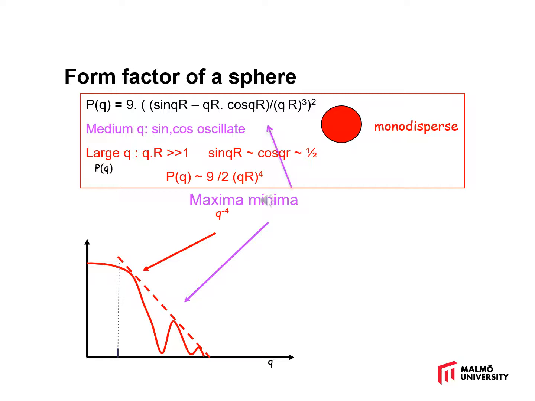But the dotted line there, which has a slope of minus 4 on the log intensity log Q scale, is related to the surface area, the amount of interface between the sphere and the surrounding bulk, or the solution, if it's a solution of spheres.